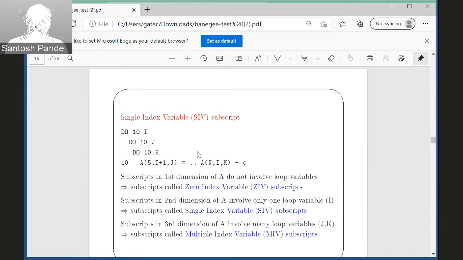So for example, if we compare 5 and n, and by some analysis we have figured out that n must be greater than 10. Here, through interprocedural analysis, we figured out that maybe n is greater than 10, and so this particular 5 cannot ever be equal to n. And so we proved the independence right here. This kind of test is called the zero index variable test.